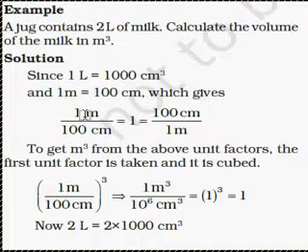So we write this 1 meter upon 100 centimeter whole cube is equal to 1 cube is 1, that is 1 meter cube upon 100 cube is 10 raised to 6 centimeter cube is equal to 1 cube is equal to 1.